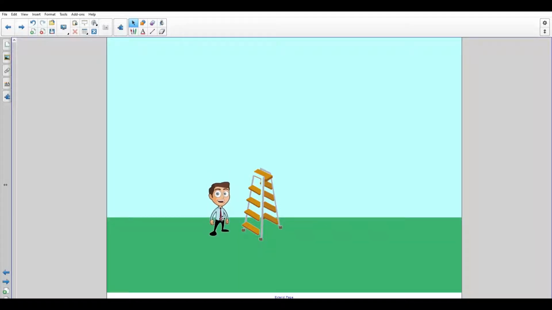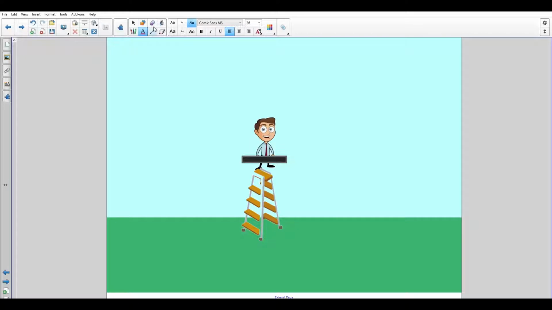Now, think about if he had to climb the same ladder, but this time he was carrying a big weight. So let's give him a big weight to carry in his hands this time, and he's doing the same step up the ladder. Because he's carrying the weight, or more mass, it's going to take him more energy.